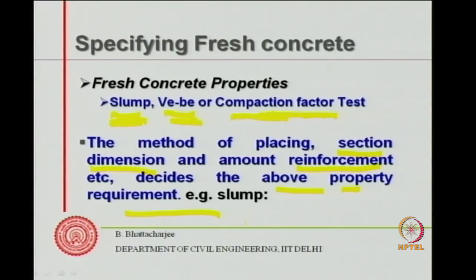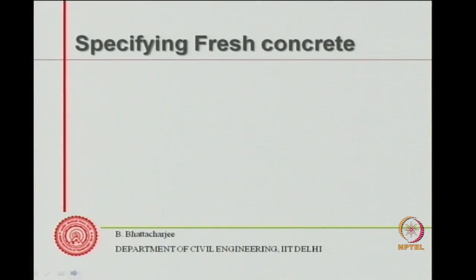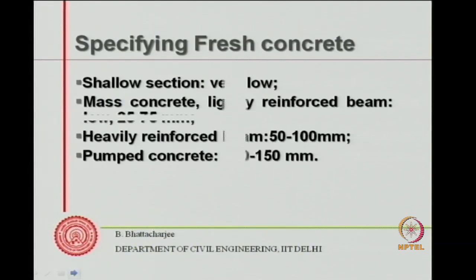For example, slump of concrete specified, let us say by the Indian standard method. For mass concrete, for shallow section, it is very low. For a lightly reinforced beam it is low, from 25 to 75 millimeter. Heavily reinforced beam 50 to 100 millimeter, and if you want to pump the concrete it should be 100 to 150 millimeter.